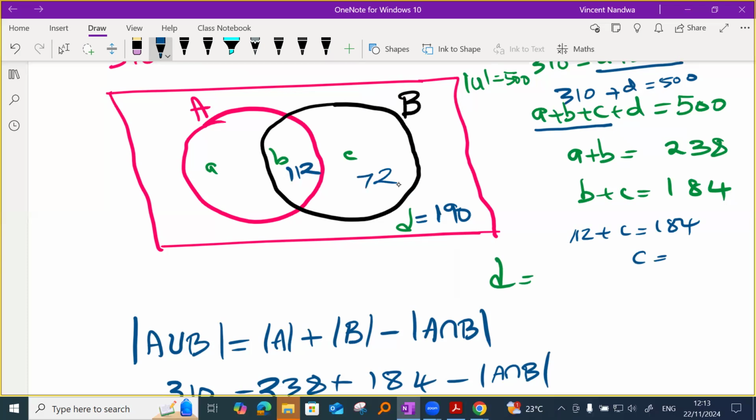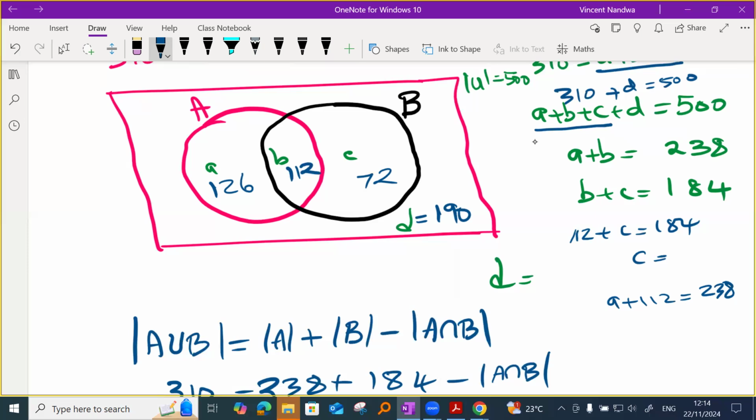Can you now get the value of small a, knowing that A plus B is 238? Correct, 126. A plus 112 equals 238. So we have our complete Venn diagram.